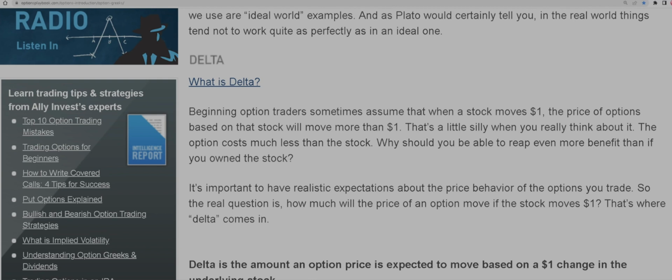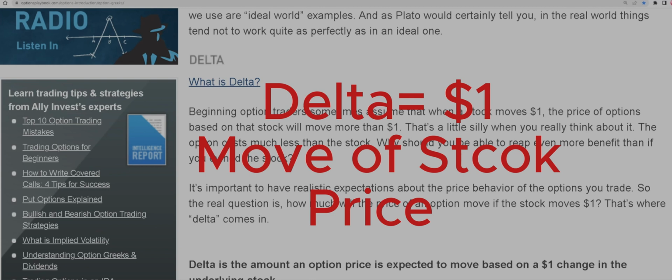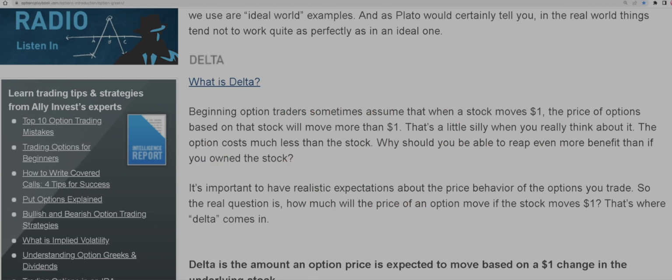Delta is the amount the value of the option would go up or down if the stock goes $1 up or down. If the stock is $150, for example Apple, and Apple goes $1 up to 151, and the delta is 50 cents, your option would go up only 50 cents.